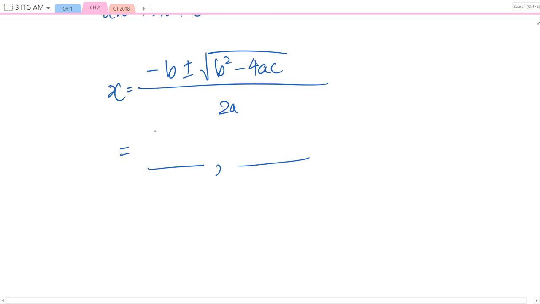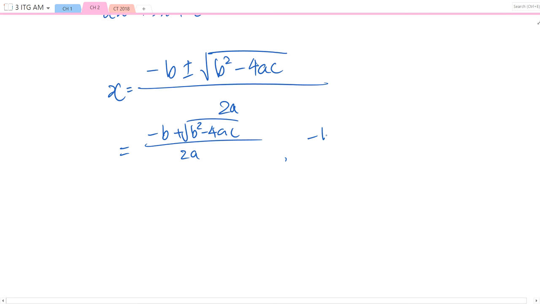Okay, so we've got negative b plus square root b squared minus 4ac over 2a, as well as negative b minus square root b squared minus 4ac over 2a. Okay, so these are our 2 possible answers. When is it that we get 2 different answers like this?